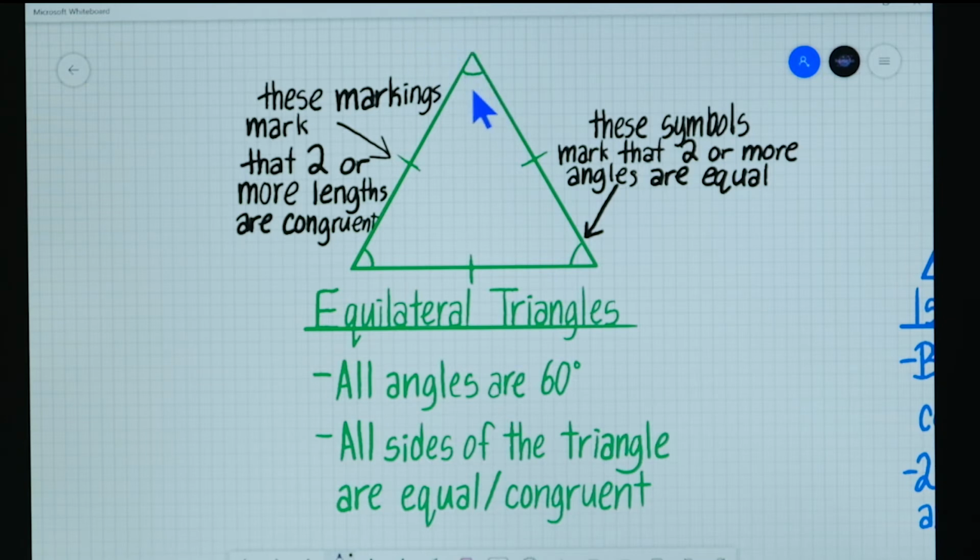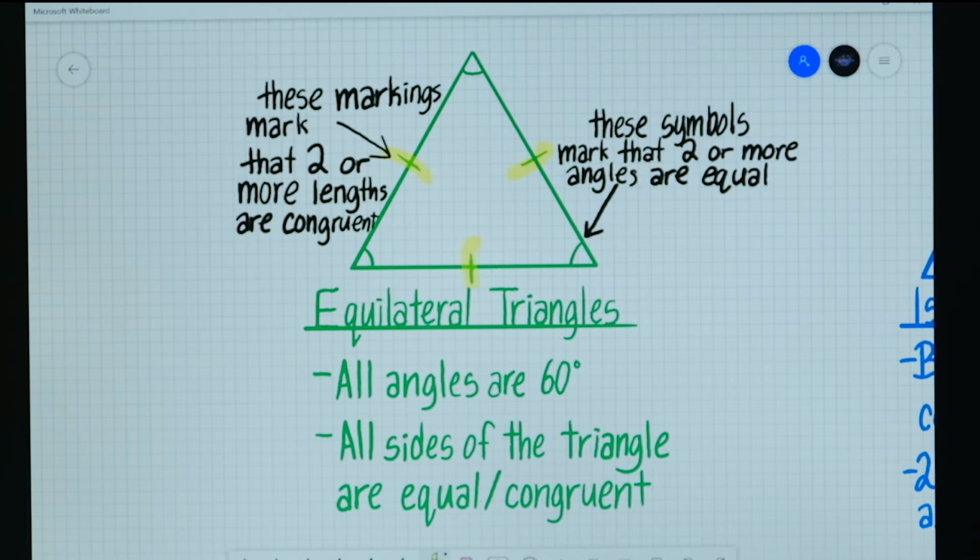And these little slits on each side of the triangle represent that 2 or more lengths in the triangle are congruent. As you can see, there are 3 little lines, meaning that all 3 sides of the triangle are going to be equal.